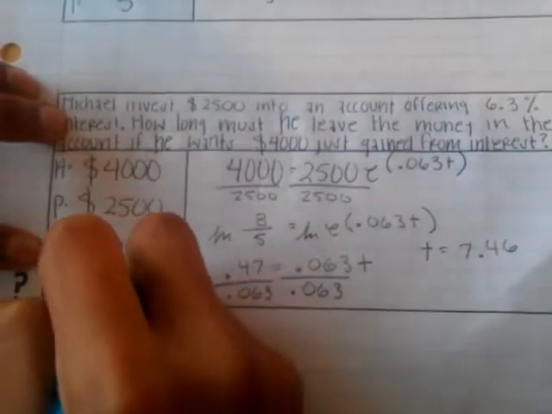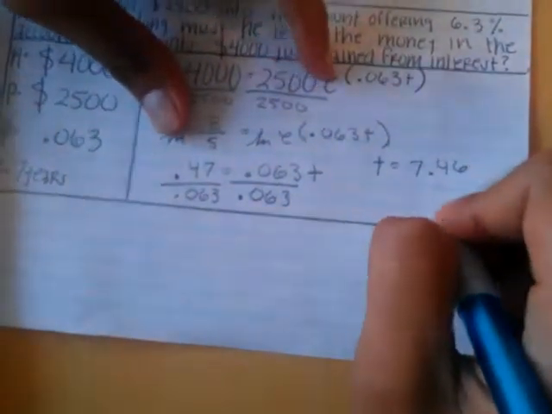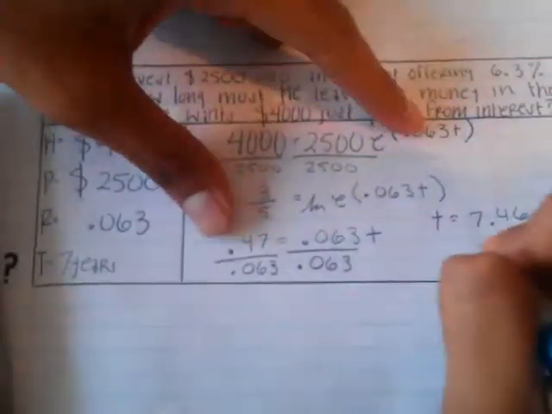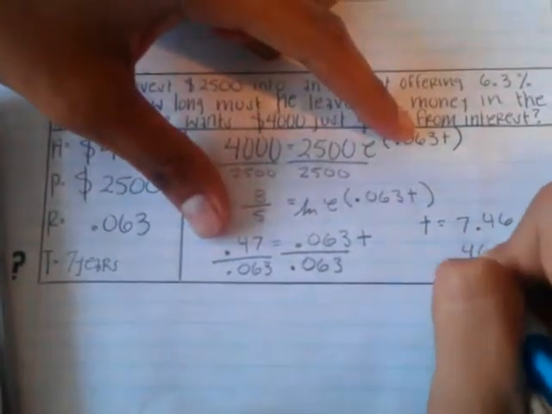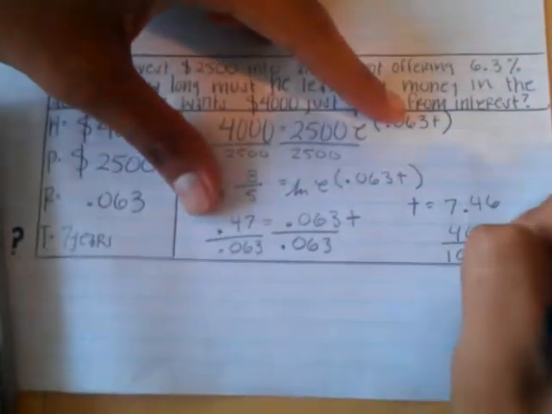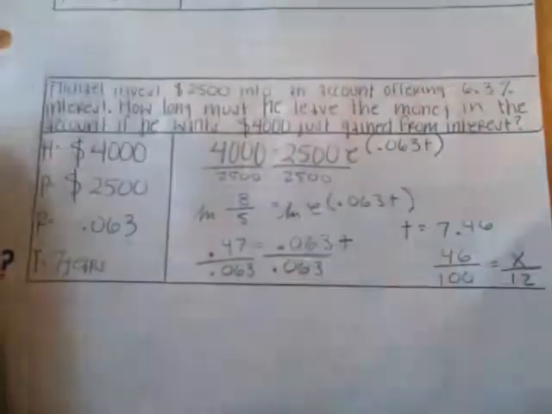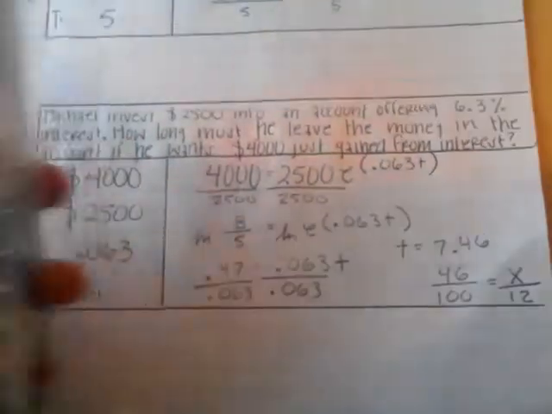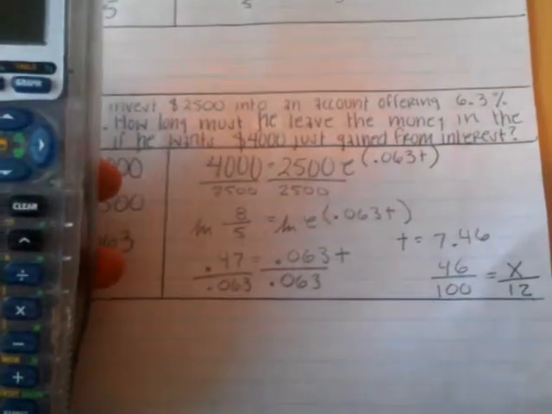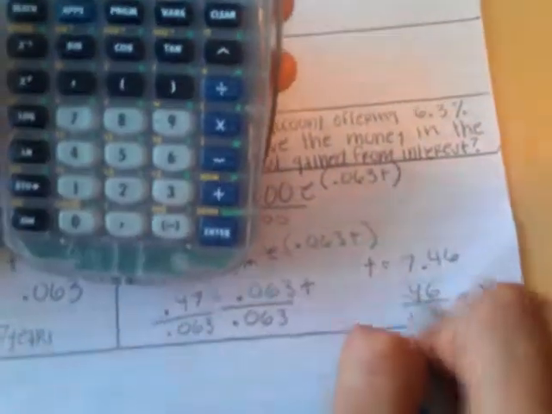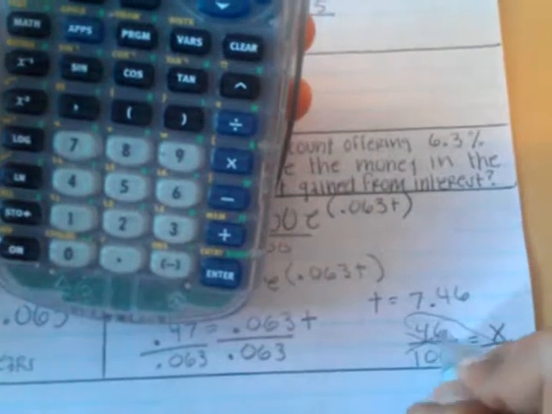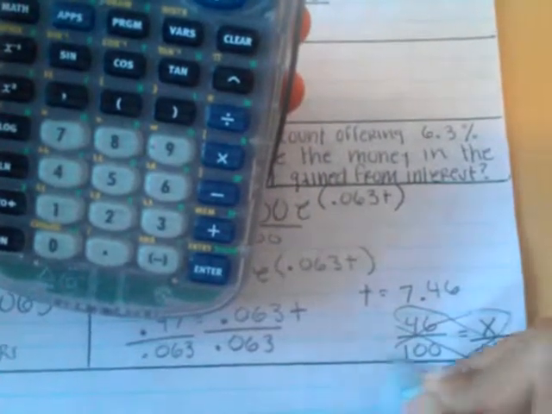But to be more accurate, you try to get the months. So what you do is a little cross multiplying. So it's 46 over 100 equals x over 12. So you multiply 46 and 12 and 100 and x.